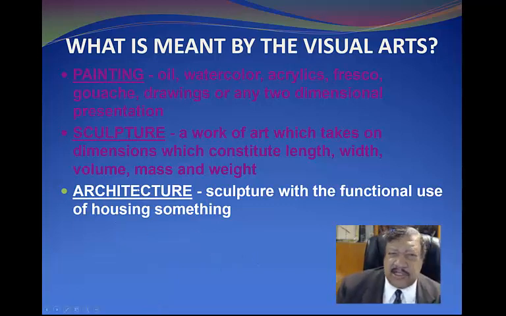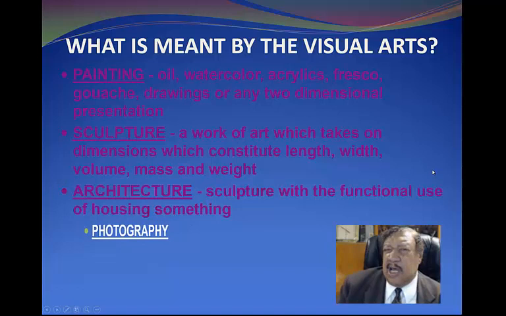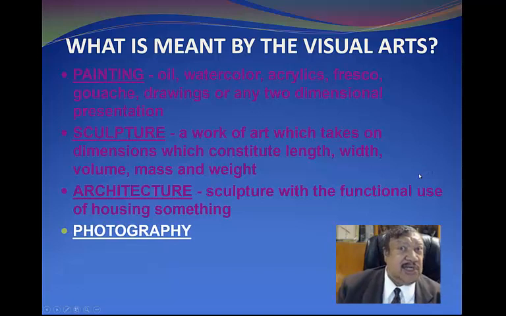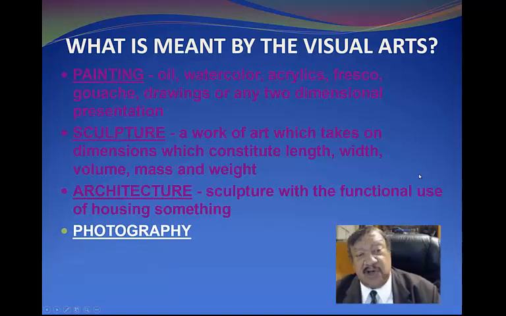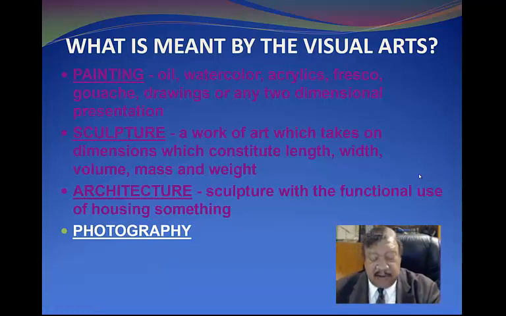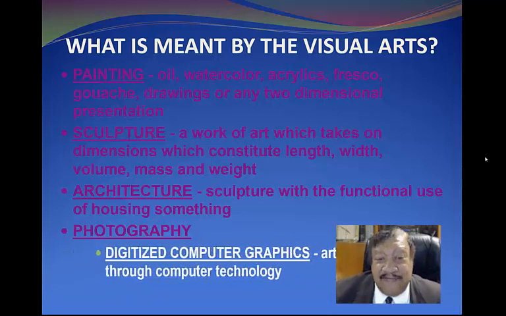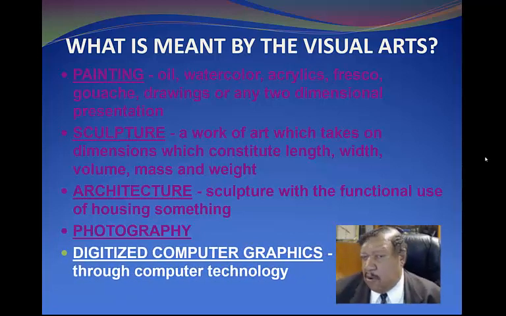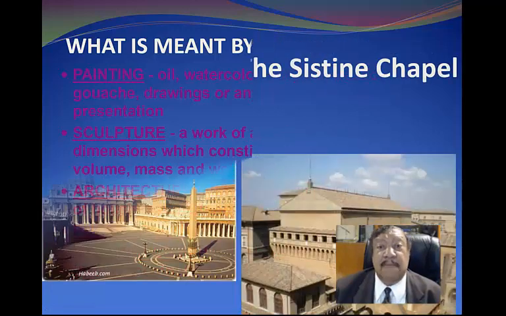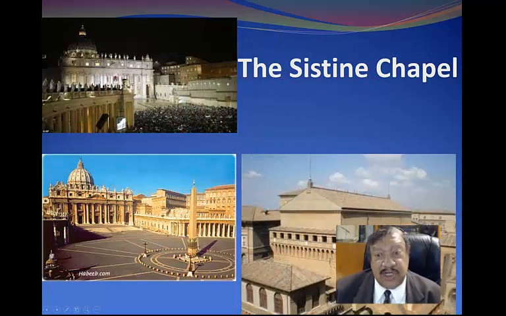So we're going to study different types of architecture, and we will even visit one of the largest churches in the world, the Cathedral of St. John the Divine. Then we have the fourth of the visual arts, which is photography. And then last, we have the new one, digitized computer graphics. I'm able to call and talk to you and record and put slides up because of digital graphics.